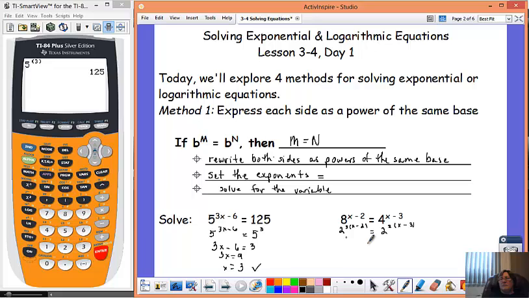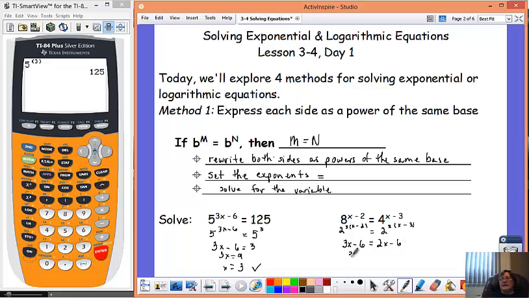And now we do have powers of like bases. Both bases are 2, so we should be able to set the exponents equal to each other. And I'm going to distribute as I'm talking here. So 3 times x minus 3 times 2, so minus 6, has to be the same as 2 times x minus 6. I think I see where this is going.